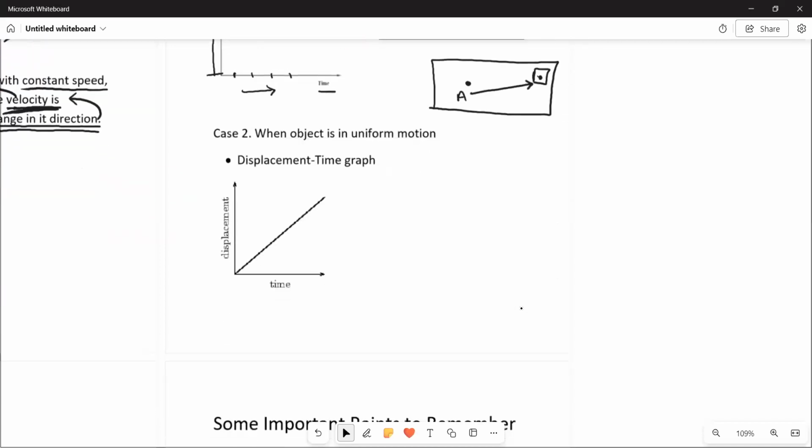Now we'll check our case number 2. When an object is in uniform motion. Our object will be in uniform motion when it covers equal distance in equal intervals of time.